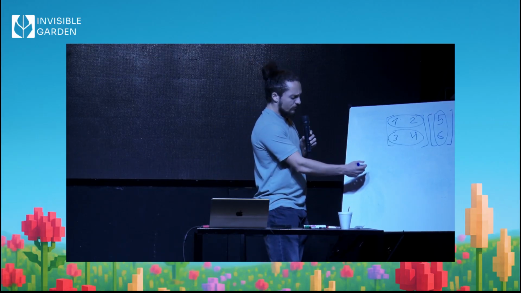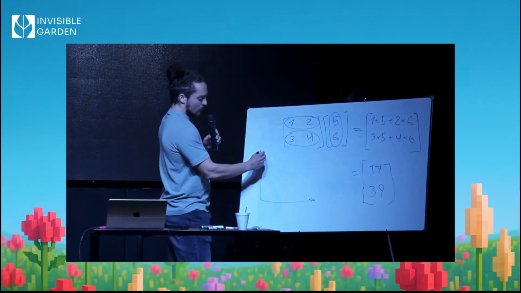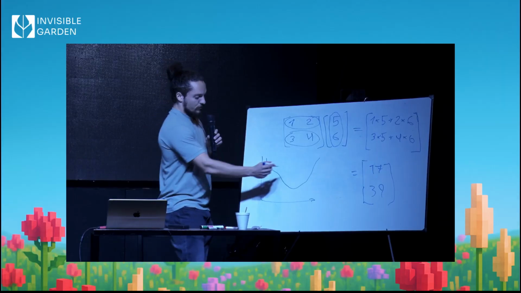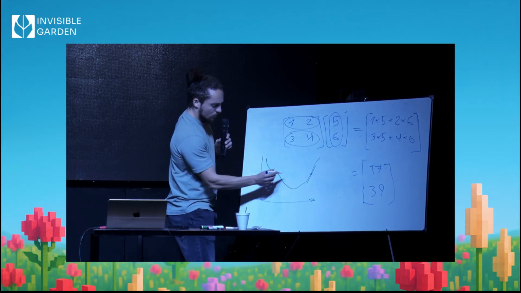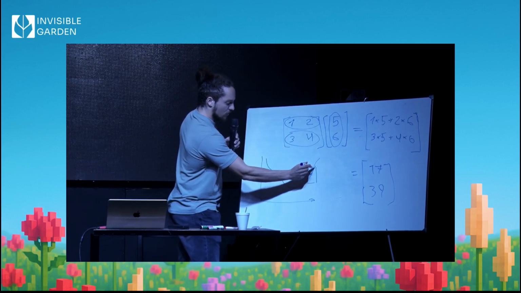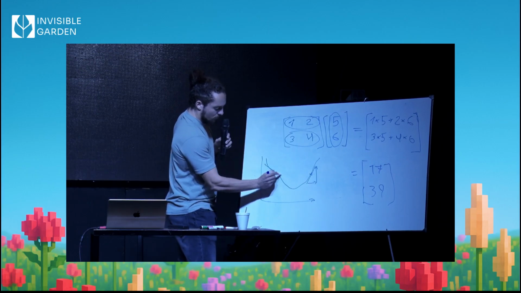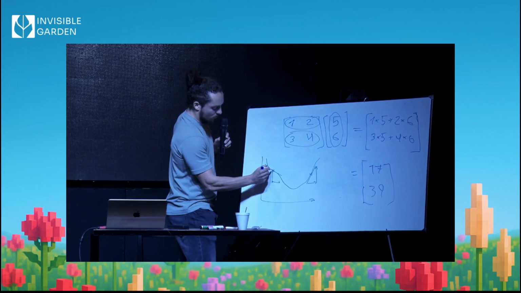A derivative is like, you have a certain function, and let's say it does this. The derivative would always be the slope at each point. So in this case, it would be positive, because the function is going up. But in this case, it would be negative, because the function is going down.